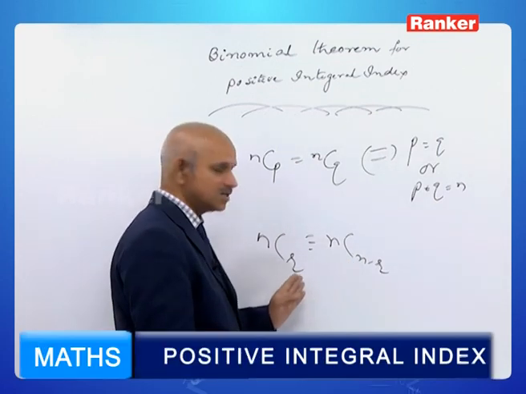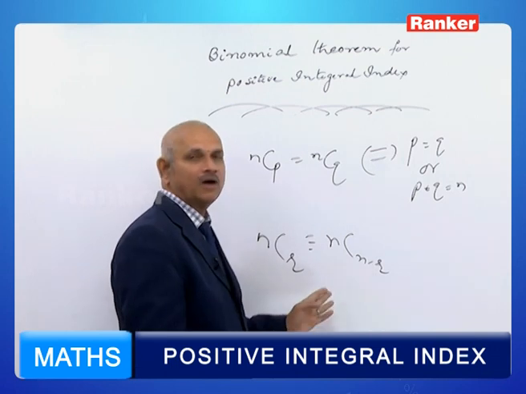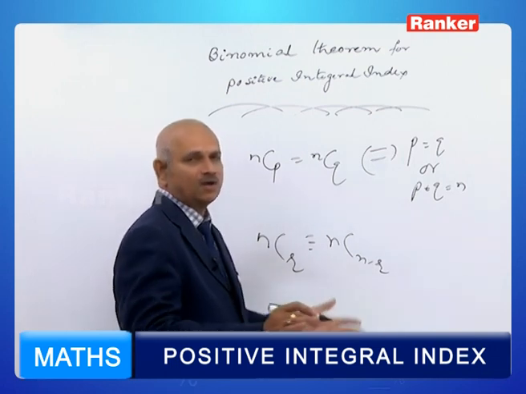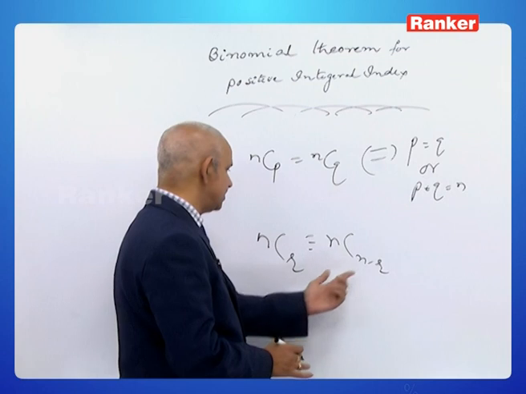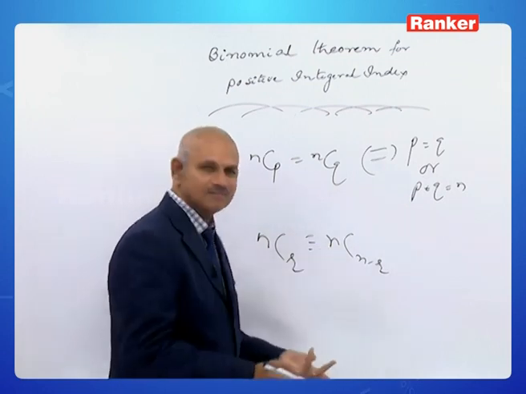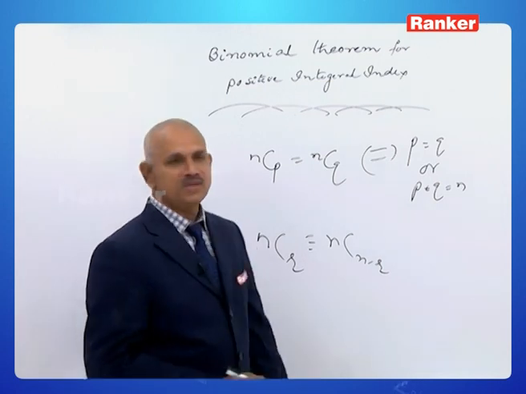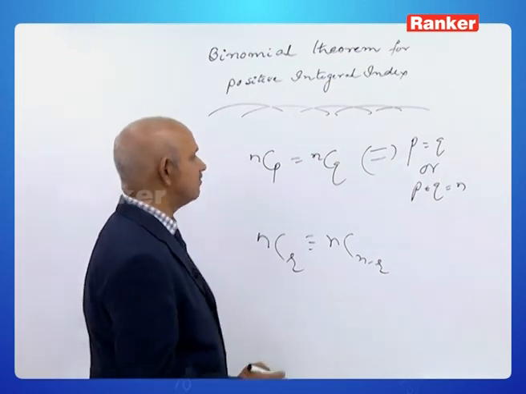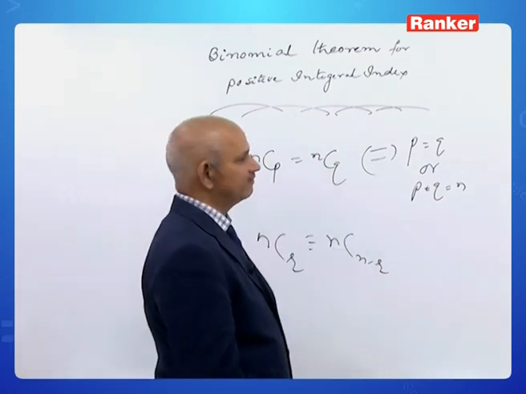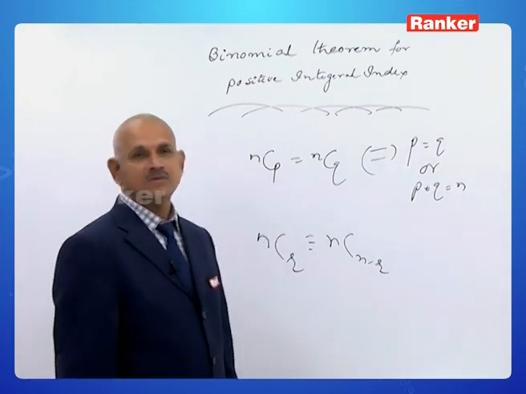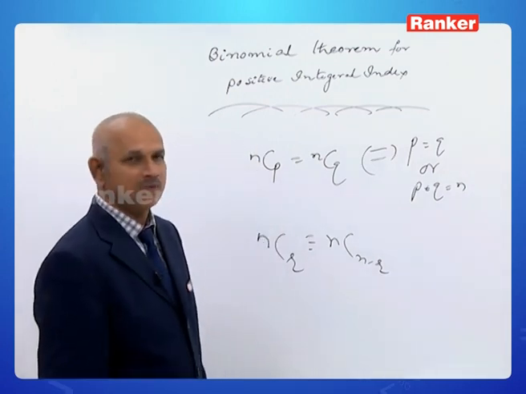Otherwise, what happens? r is equal to n minus r if it is okay. Otherwise, the other possibility is the sum of these two is n. It is very easy to observe, isn't it? Well, nCp is equal to nCq if and only if either p is equal to q or p plus q is equal to n.